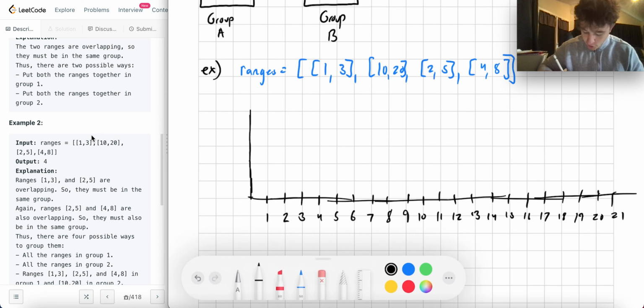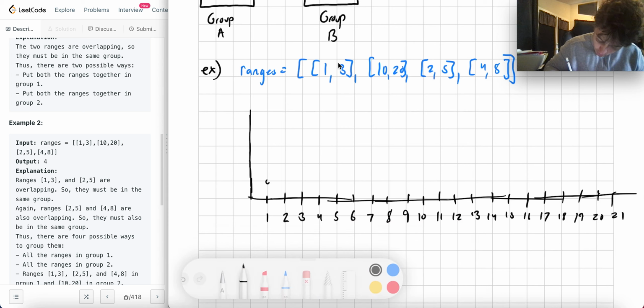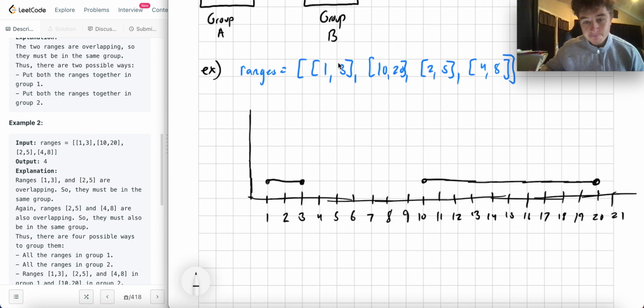So I'm going to graph each of these ranges. So from 1 to 3 is occupied, okay? So 1 to 3, 10 to 20, 2 to 5, and 4 to 8.